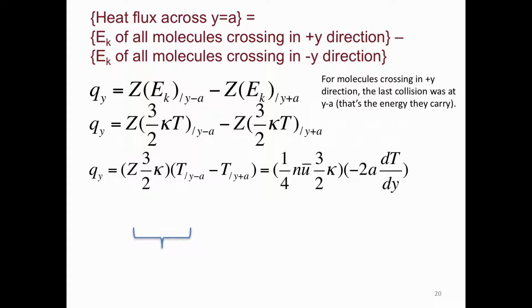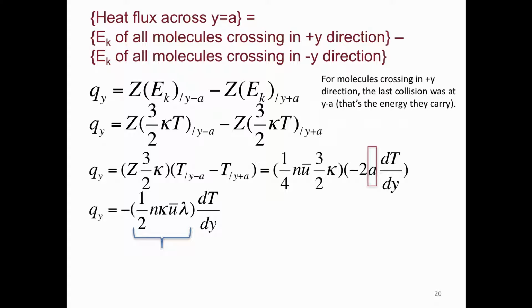And basically, this is where I put Taylor formulas in for the difference between the temperature at y minus a and y plus a. And that is minus the spacing between them, minus 2a dT/dy, according to Taylor's formula. And the rest is just now a bunch of algebra.